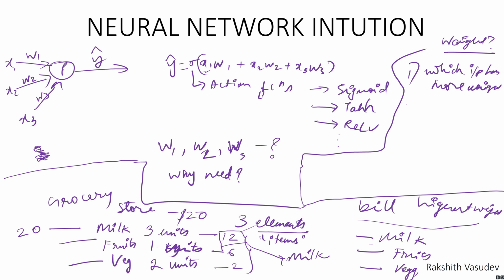We want to see whether the first input has the most contribution to the output. You know what I'm trying to say, right? Whether the first input has the most contribution or the second input has the most.